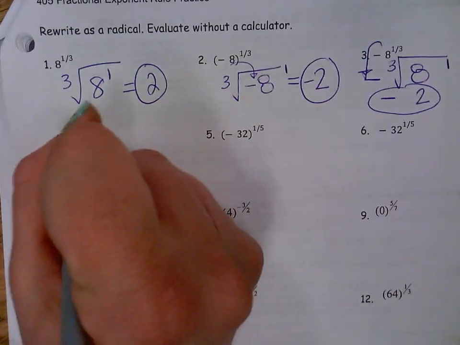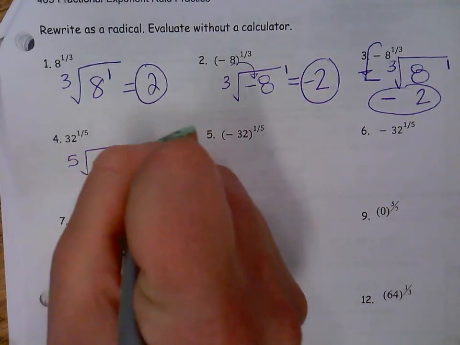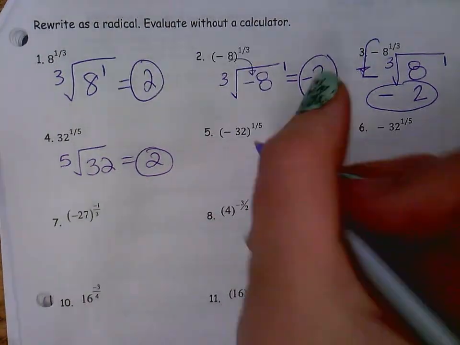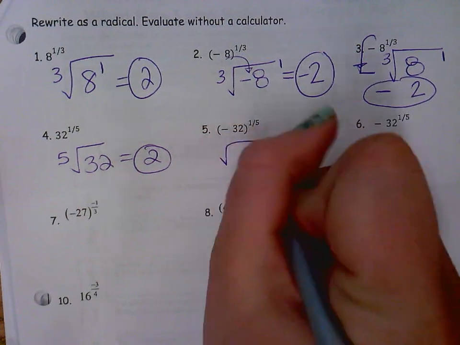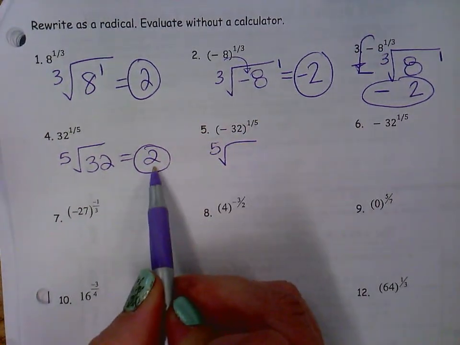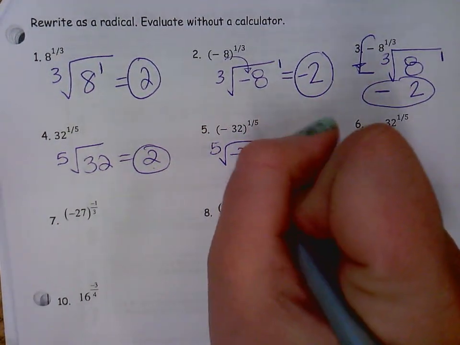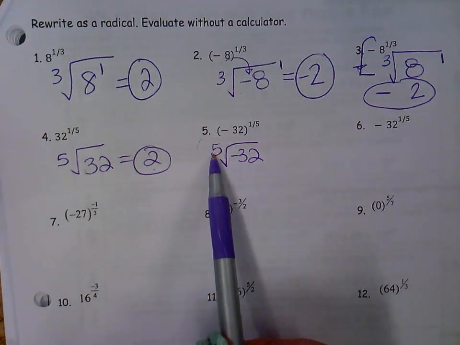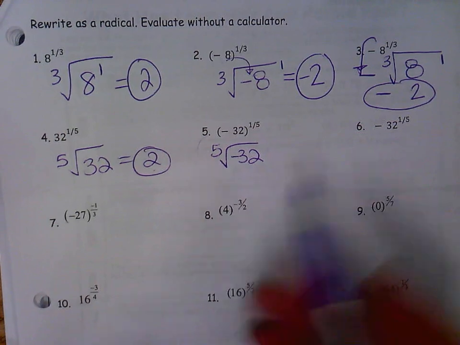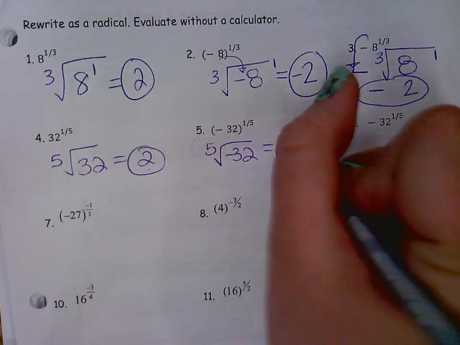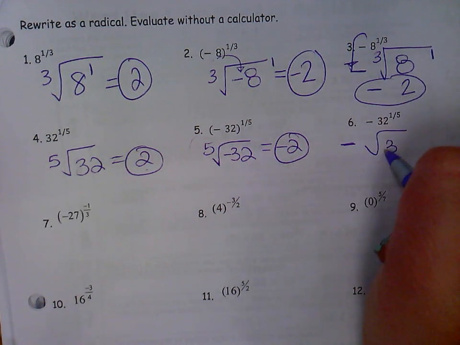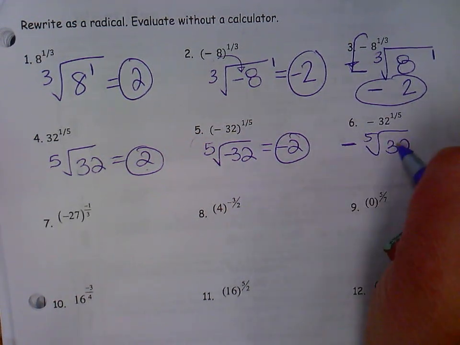So the fifth root of positive 32 is 2. This one, well, they're not all negative, were they? Okay, this one's positive 2. This one comes out. I can do it. If this had been a square root, I couldn't do it. All right, fifth root I can do negative 2, and this still comes out as I'm doing the negative here, but I'm still doing it on 32, so I still get negative 2.